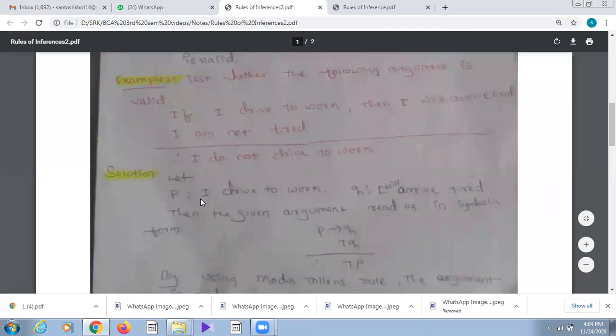So we denote "I drive to work" as P and "I will arrive tired" as Q. Now form the symbolic form.